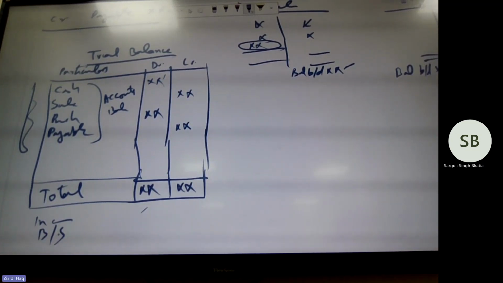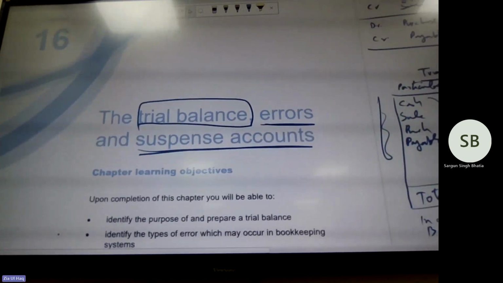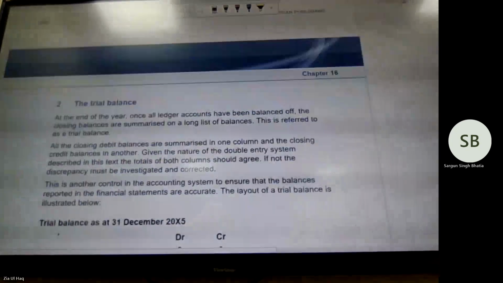So what is a trial balance? The sum of all the ledger balances is called our trial balance. It looks like this. This is the debit column, this is the credit column, and these are the account balances.